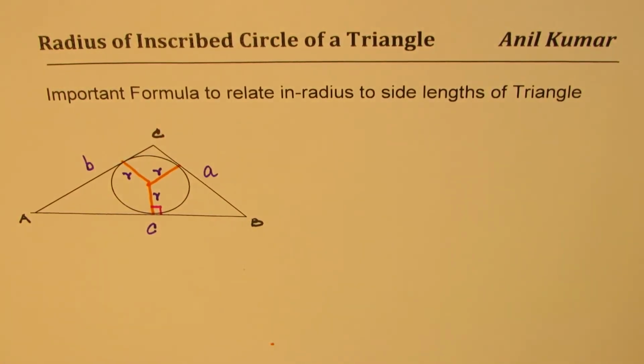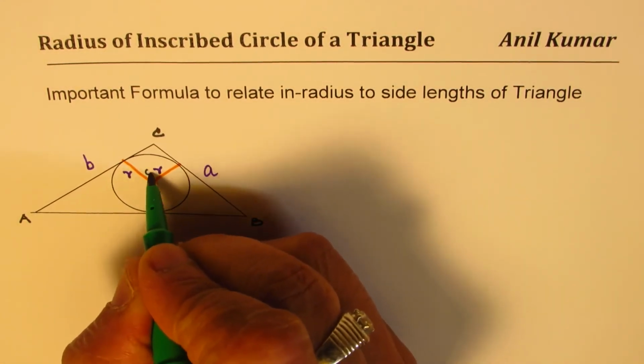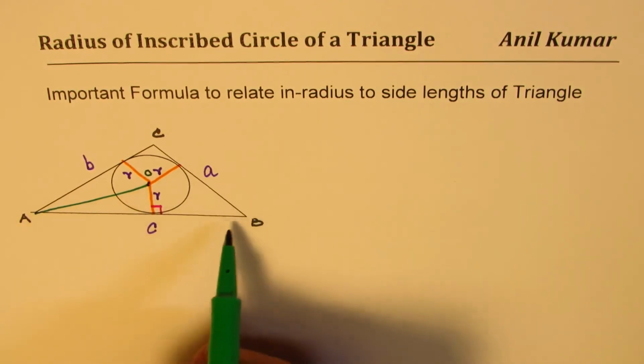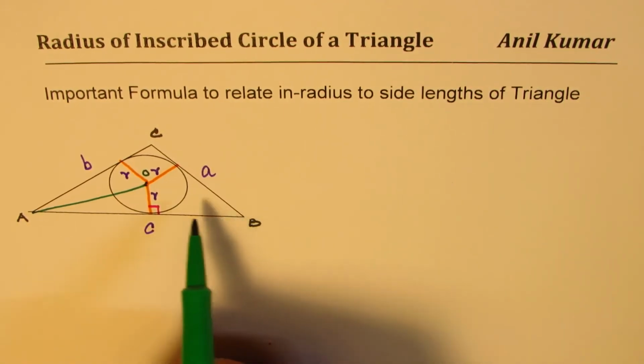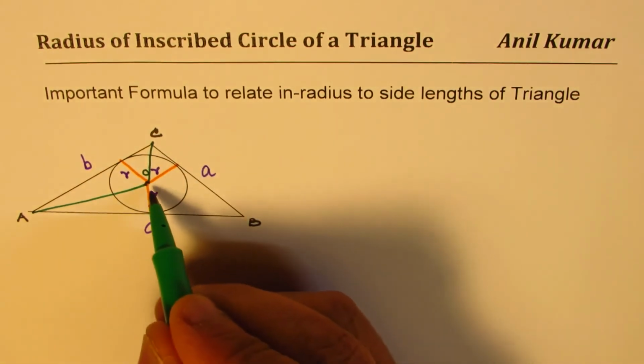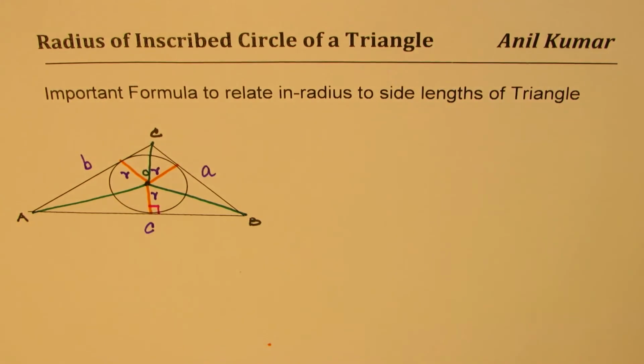Now, in this particular triangle, as you will see, if I join the center, let's say the center is O, with the vertices, then what do I get? I get 3 different triangles. Right?